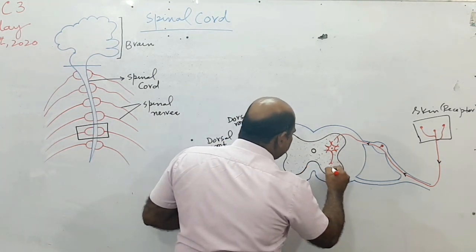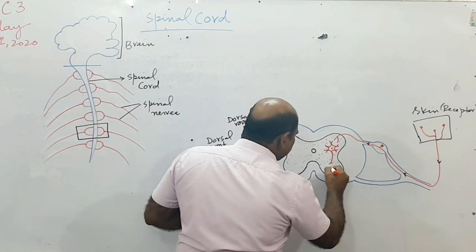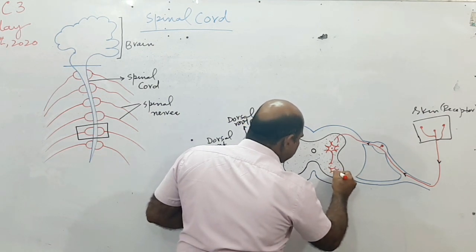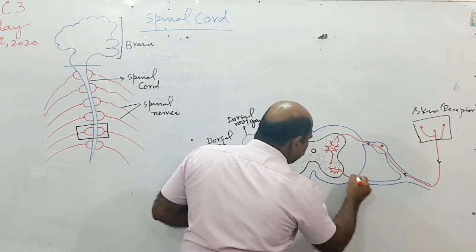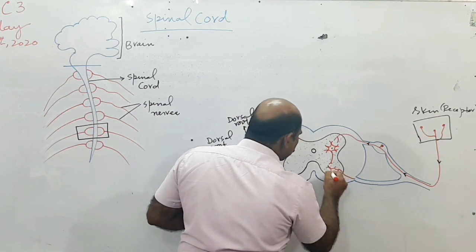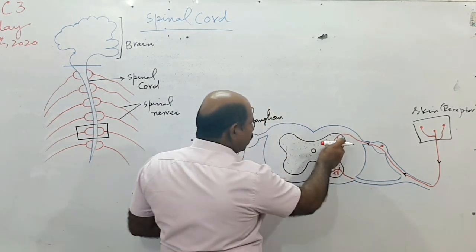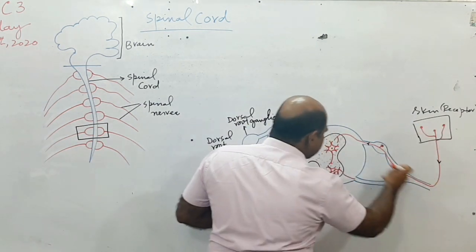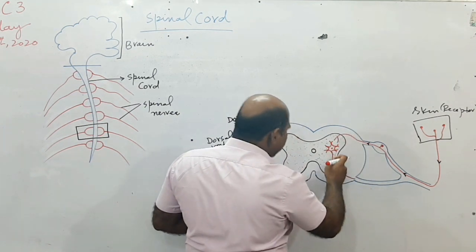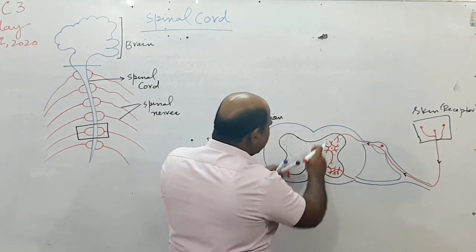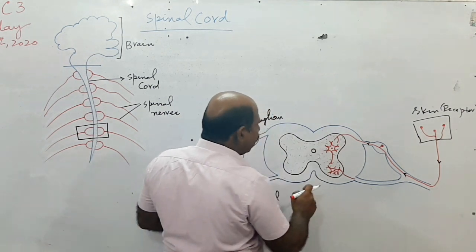Look at this, this is another neuron, and it is also not connected to this one, and this neuron is called the motor neuron. So this is the relay neuron, this is the sensory neuron, and relay neurons are present inside the spinal cord.